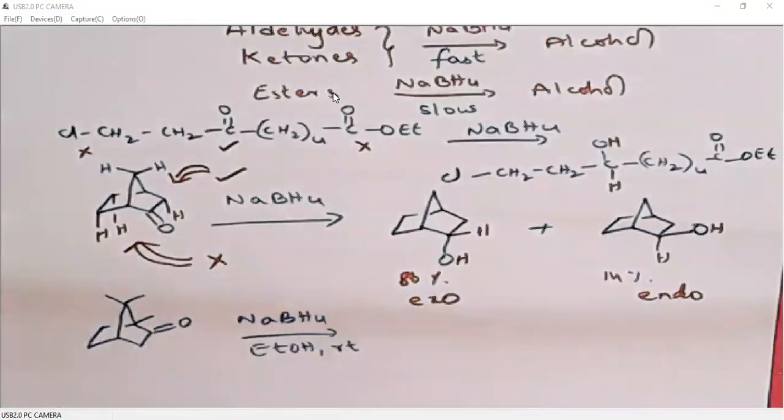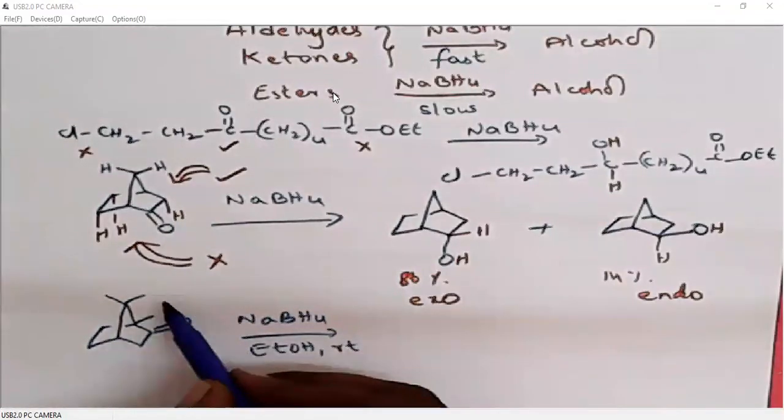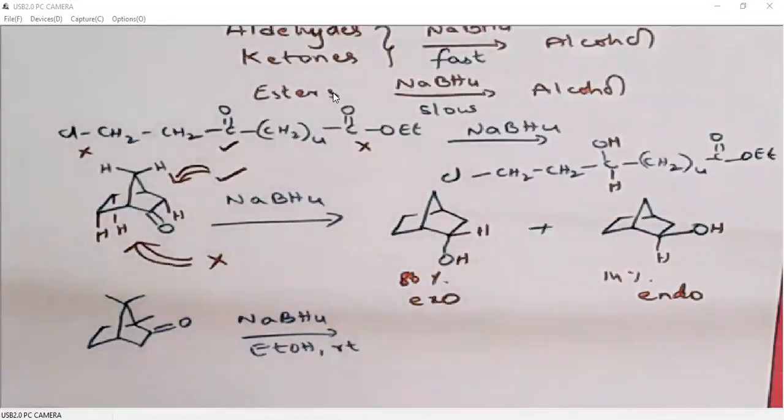Now there is a methyl group which is creating steric crowding from above the plane, whereas from the alpha face again the three hydrogens. When we compare, the methyl group is sterically bulky compared to hydrogens. So sodium borohydride now will approach this molecule from below the plane, but not from above the plane.